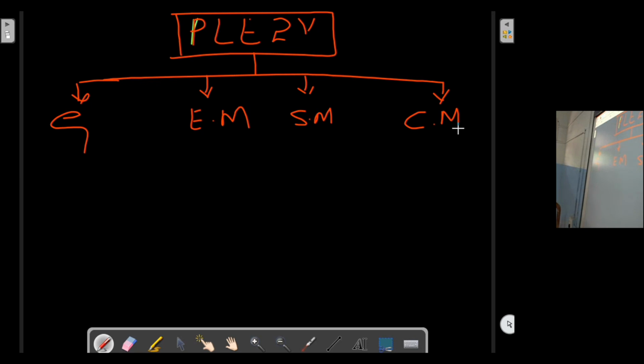So for those two straight lines, what are the possibilities? Intersecting, parallel, coincident. If the lines are intersecting, how many solutions? If the lines are parallel, how many solutions? If the lines are coincident? Understood now?